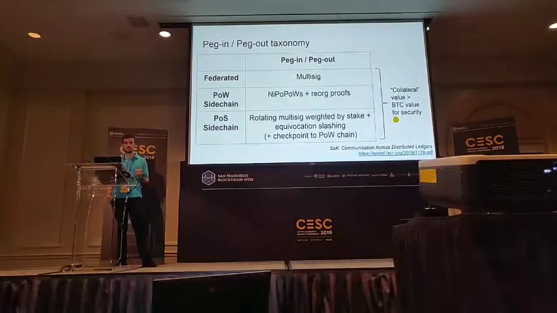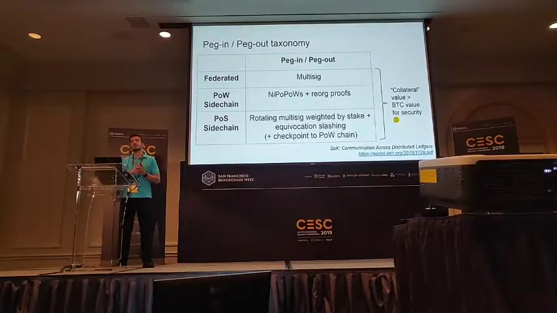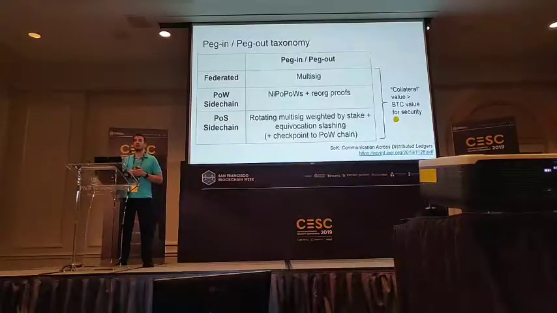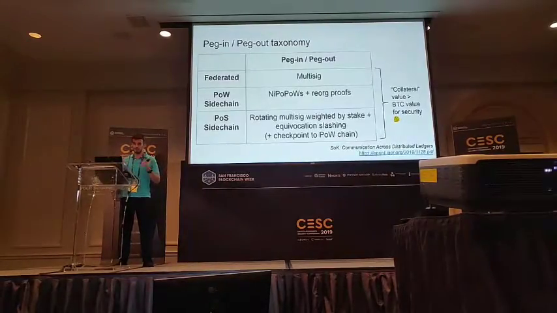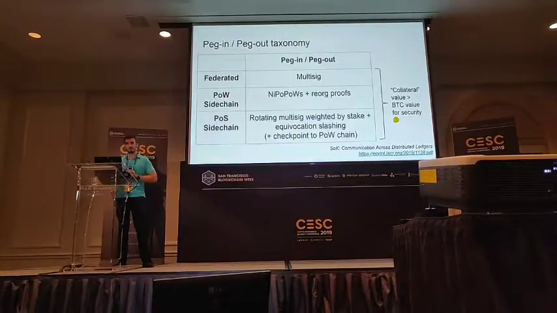Plus, on the side of the proof of stake sidechain, you will have a rotating multisig, which is weighted by stake, and you add some slashing if they try to equivocate or misbehave. And if you want, you can also add the checkpointing mechanism that I described earlier.